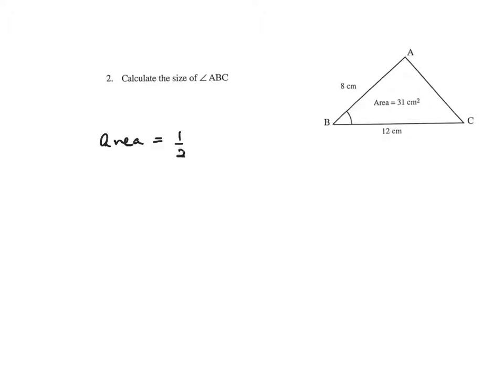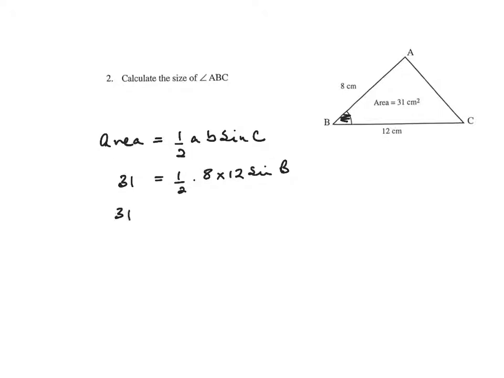Now, this is a useful variation on the area question. Remember the formula, area equals a half ab sine C. We know that the area is 31, and we have 1/2 of 8 times 12 sine, well in this case it will be sine B. We don't need to fuss too much about the letters.